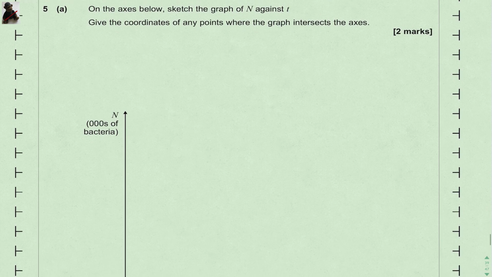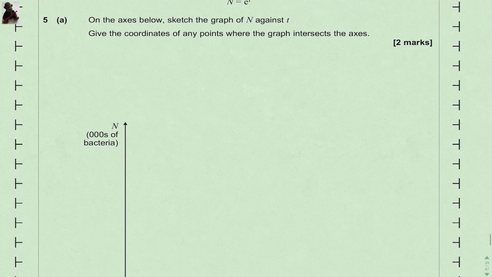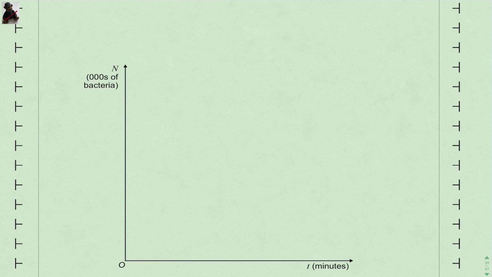So, this is kind of an interesting question. It's very tricky. So basically, the graph is n equals e to the power of t. The reason why they're asking you to give a coordinate is that anytime you're sketching any graph, in this case, t is the x-axis, that's your t, and n is your y-axis.